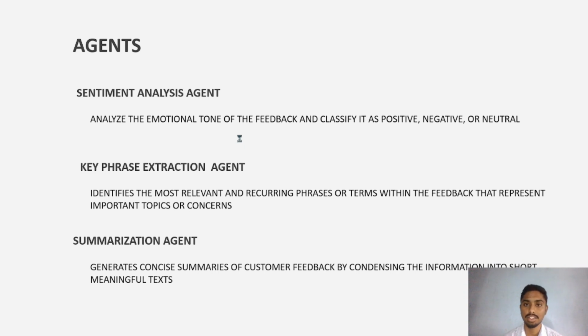The key phrase extraction agent will identify the most relevant and recurring phrases, which mostly define the sentence, the main part of the sentence which represents it. The summarization agent will collect these key phrases and make a readable and understandable output in the form of meaningful text.